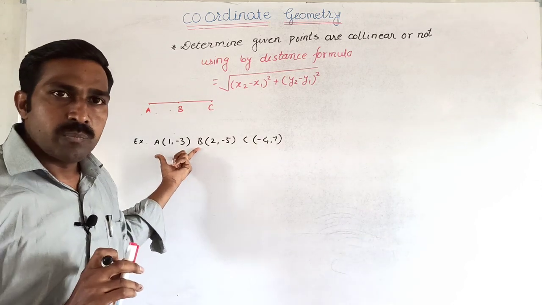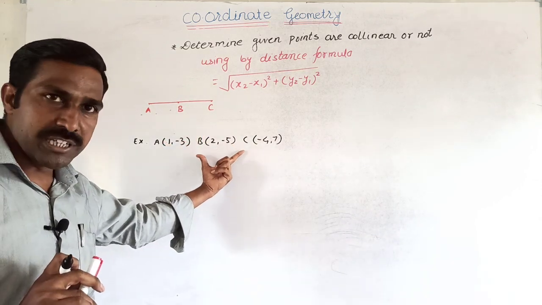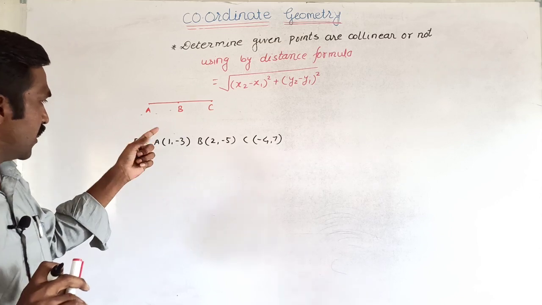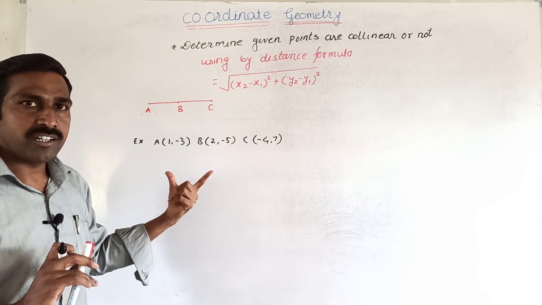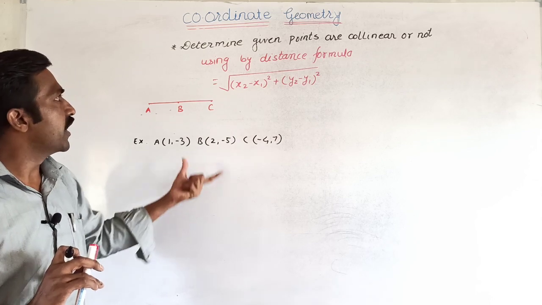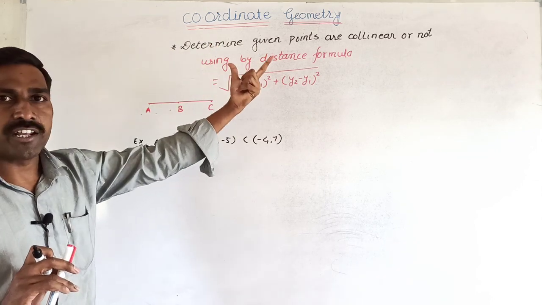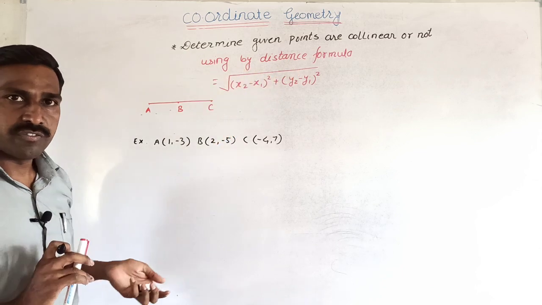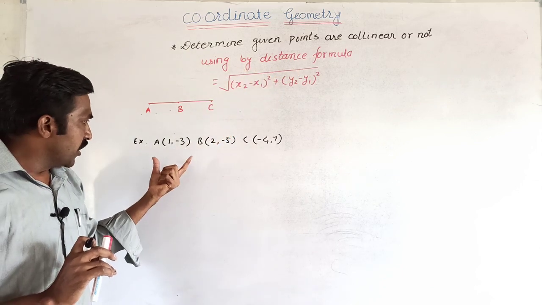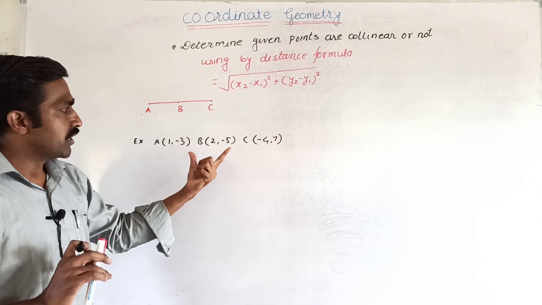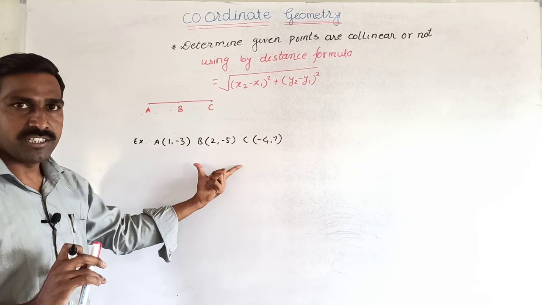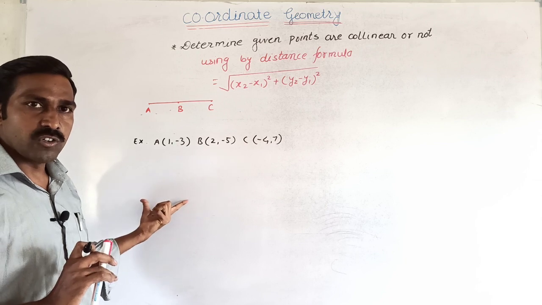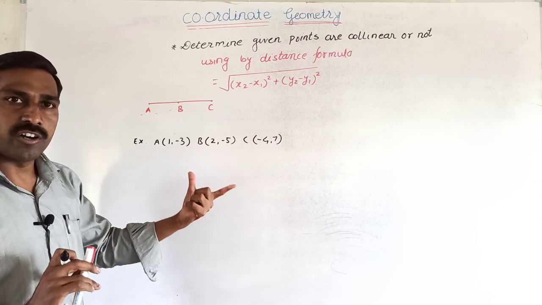After that find the distance between BC, and after that the distance between AC. From the first, second and third we can determine whether the points are collinear or not. If the distance AB plus the distance BC is equal to the distance AC, then the points are collinear. Okay.